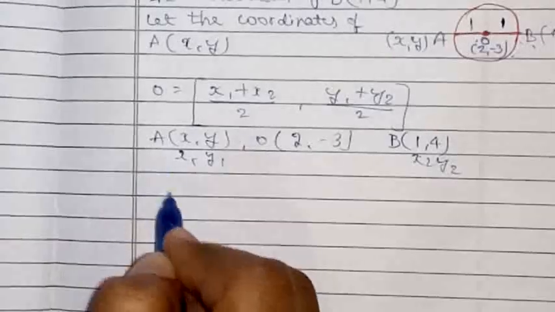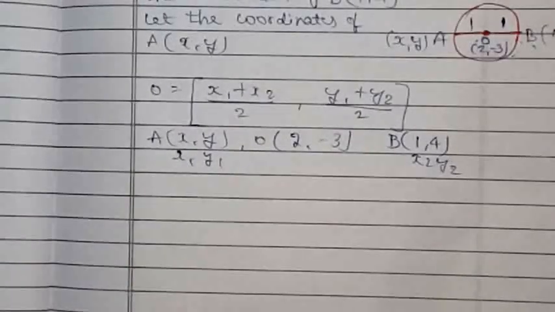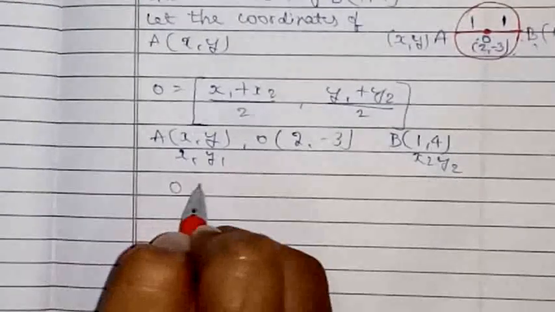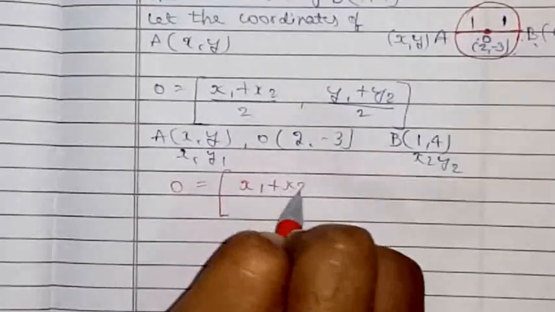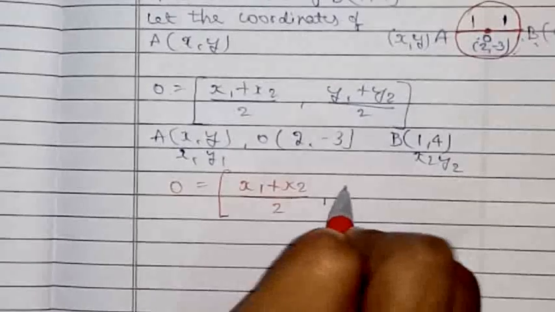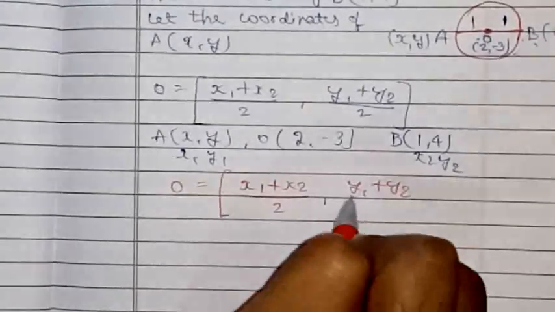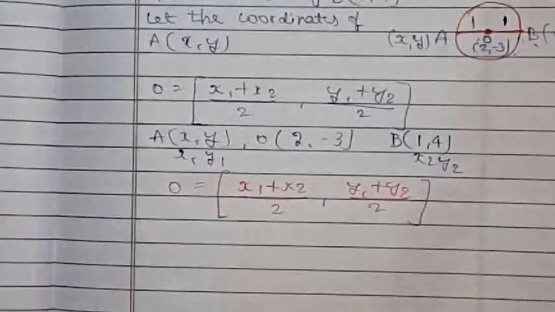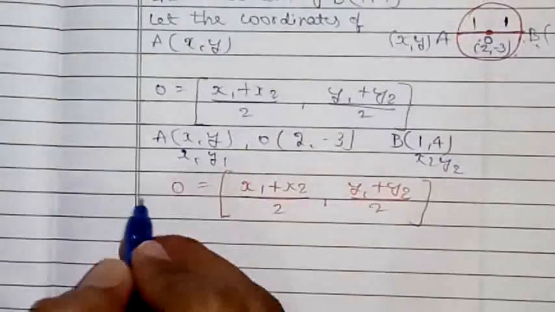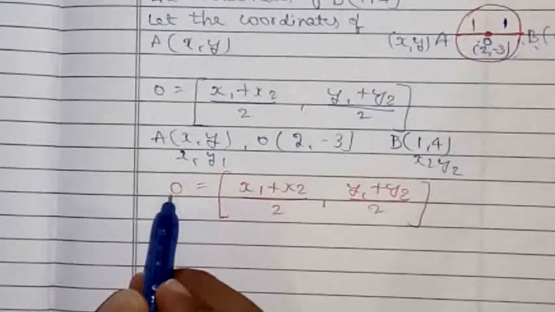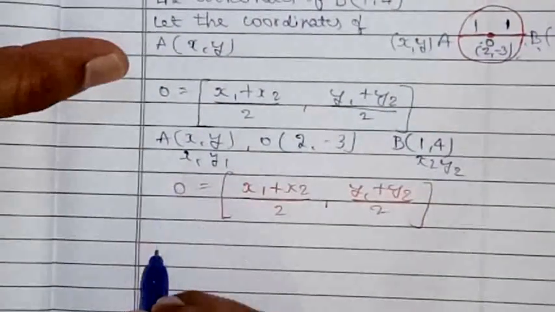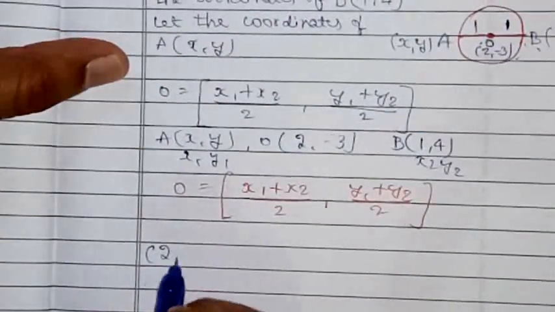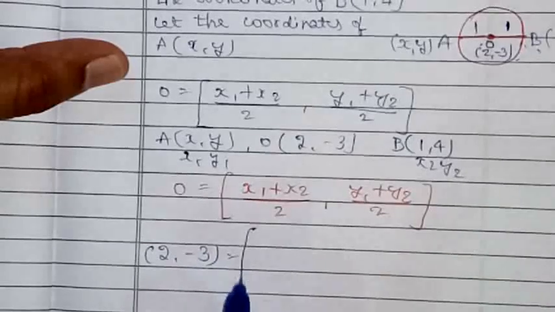So therefore, I'll write the formula again. O equals to x1 plus x2 divided by 2 comma y1 plus y2 divided by 2, right? Now just observe the values. You know the midpoint coordinates, so how much? 2 comma minus 3, just apply there. So 2 comma minus 3 equals 2.